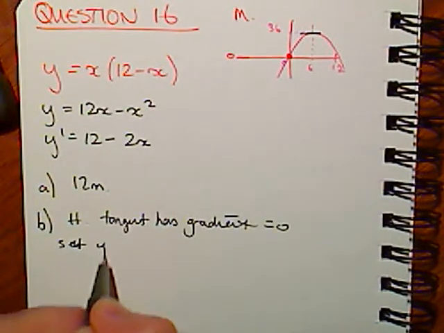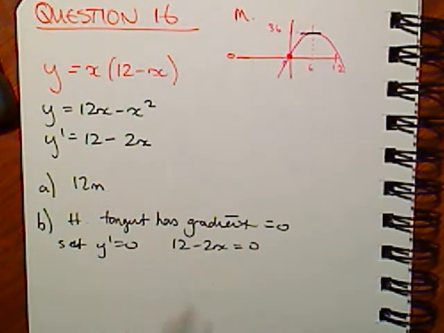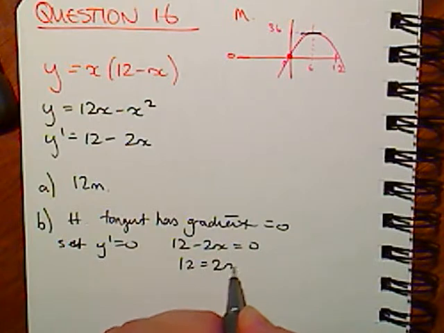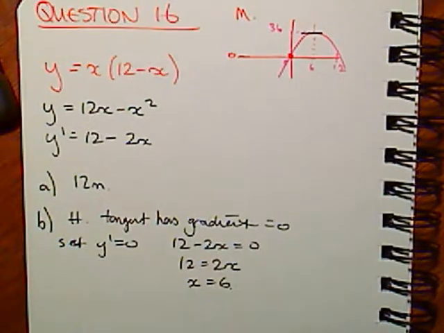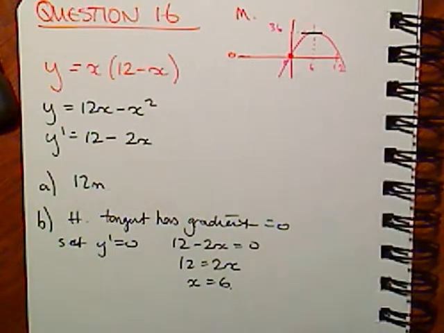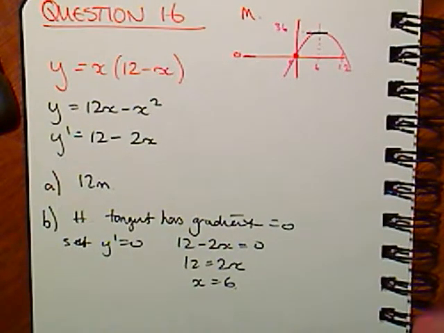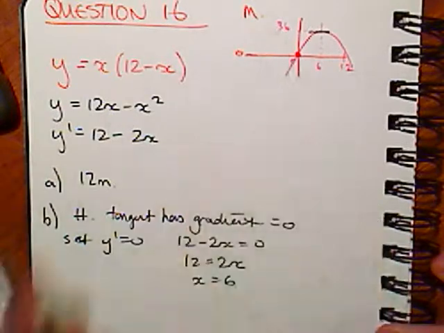We set y dash equal to 0 and solve. We already knew that. We could see that the vertex was halfway between the roots. So the maximum height, we already know too, was 36.